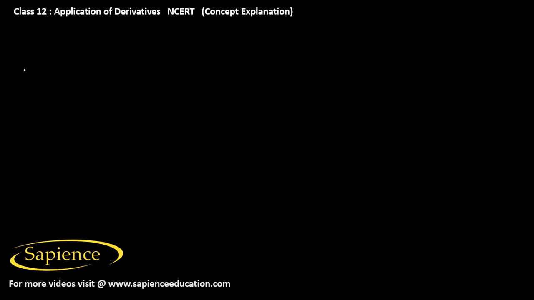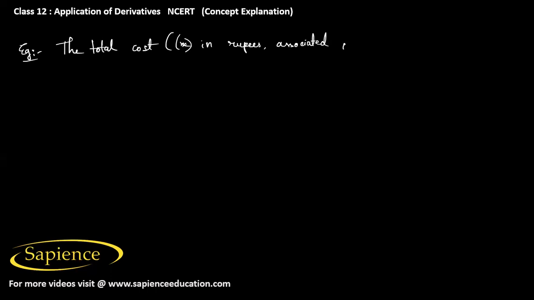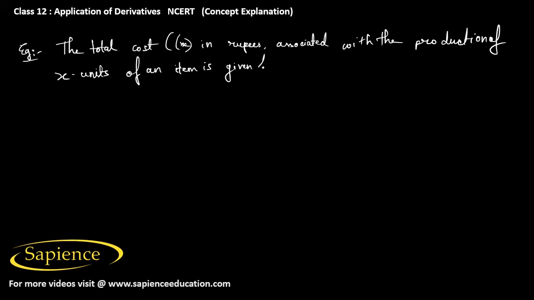Then one more example we can solve. Suppose the total cost C of x in rupees, associated with the production of x units of an item, is given by C of x equal to 0.005 x cube minus 0.02 x square plus 30x plus 5000.